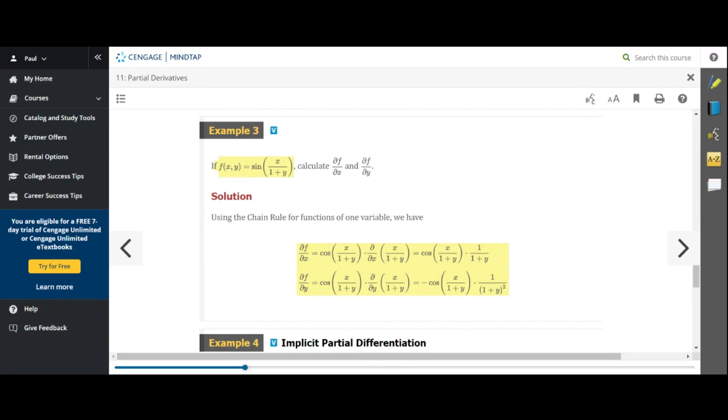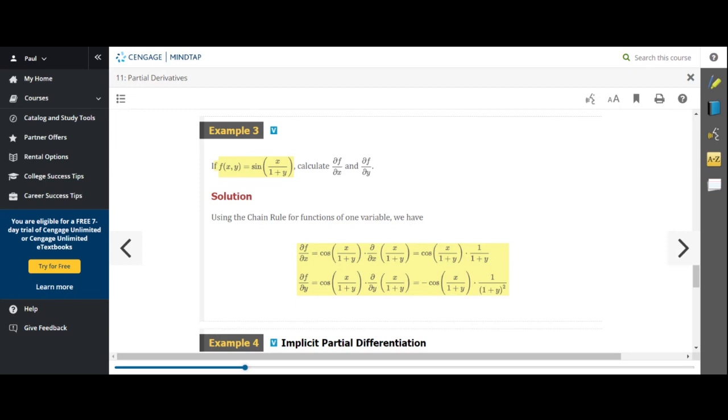The chain rule. When you take the derivative of the sine, you get the cosine, but then you have to differentiate the angle x over 1 plus y with respect to x. You're holding y constant, so the partial derivative is just 1 over 1 plus y.